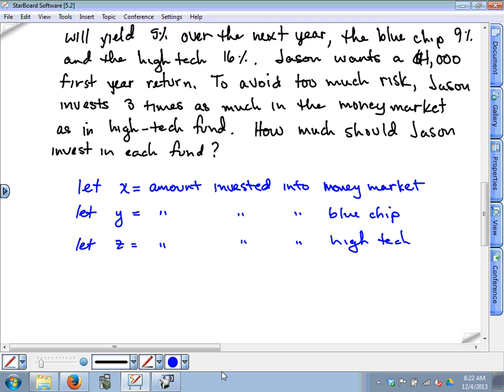Isn't that the total amount of money that he has to invest? And how much money does he have to invest? 50,000. So does that sound all right to you guys? All right, there's one equation. 1 down, 2 to go. X plus y plus z equals 50,000.